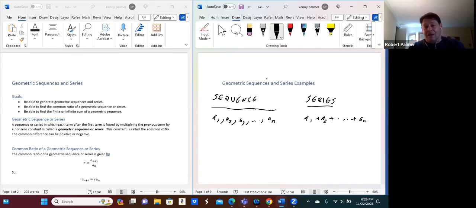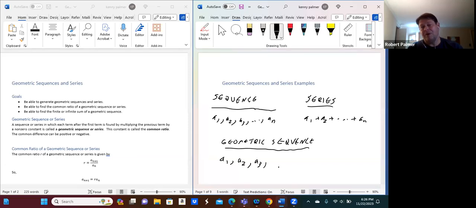Now, a geometric sequence looks something like this. Once again, we have A1, A2, A3, dot, dot, dot, then AN, and after AN, we have AN plus 1.